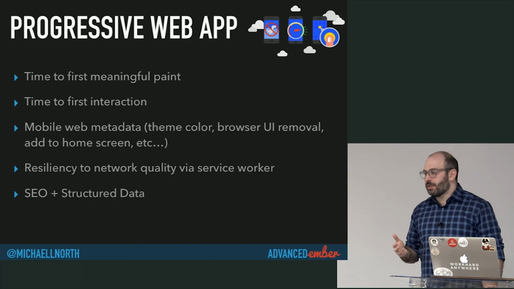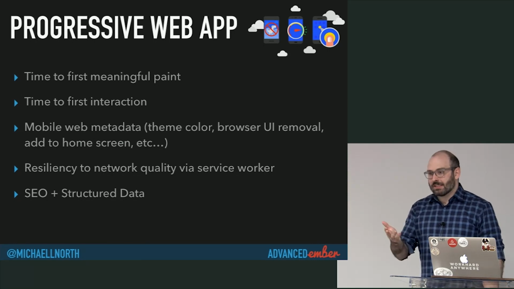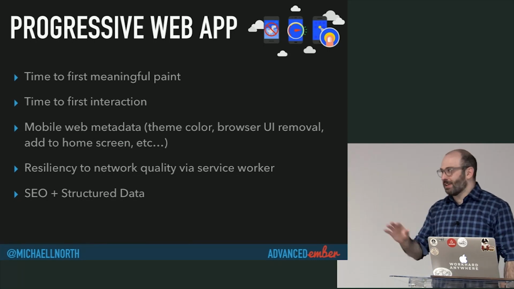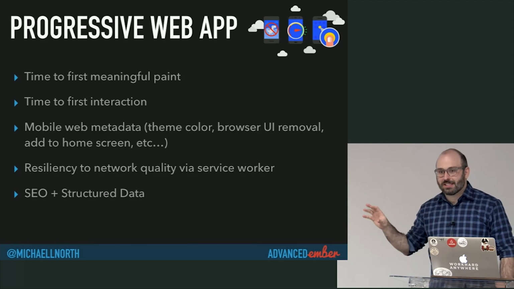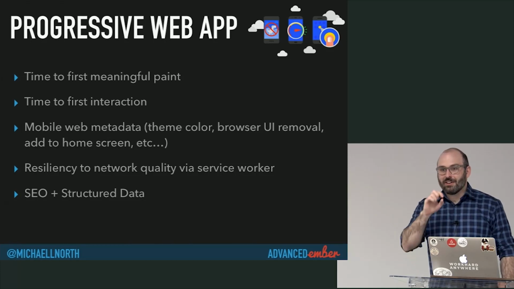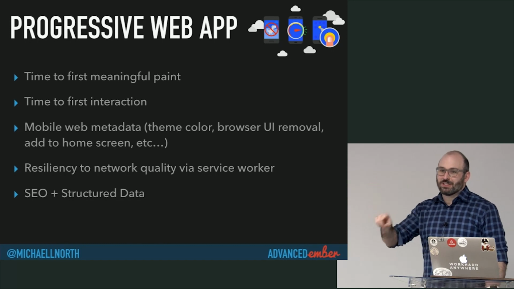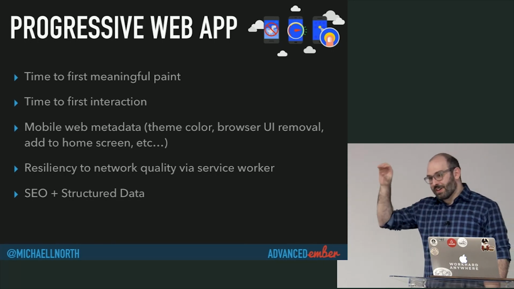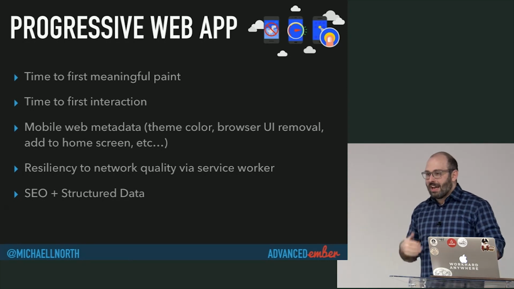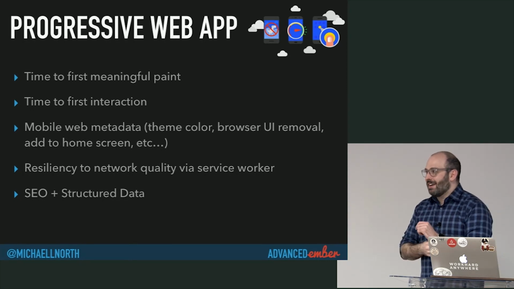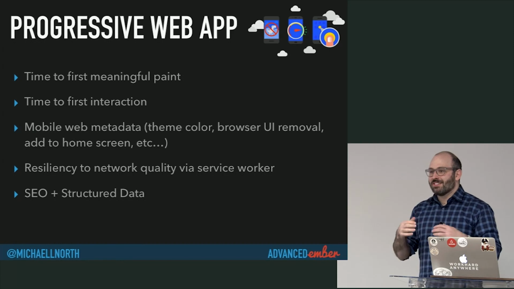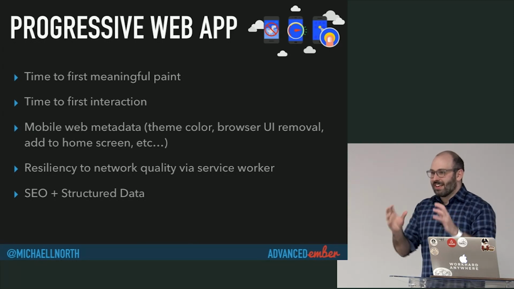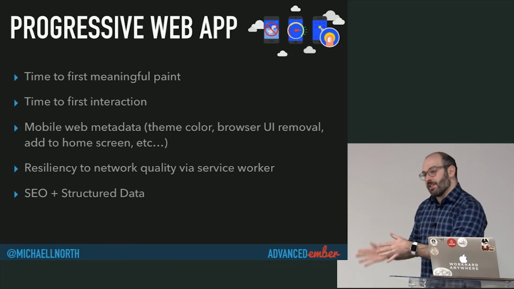And this is what is used for optimizing a search experience where when you search for something, you see those nice little rich panels on the side of search results, and you can see, this is Frontend Masters, and here are all of the courses that Frontend Masters offers with little video thumbnails for each course. It helps a search engine when you can define structured metadata about what's on this page.